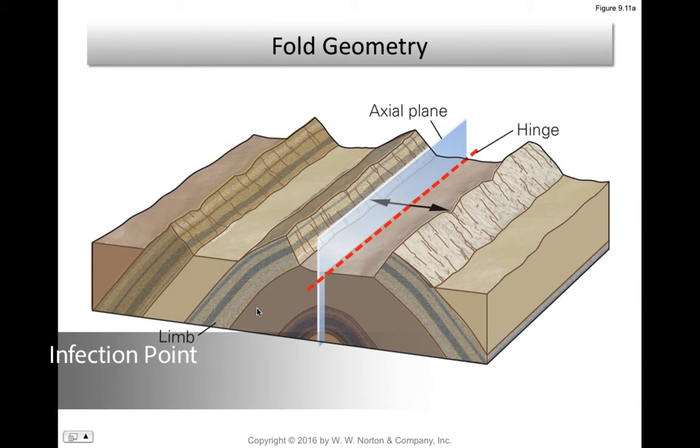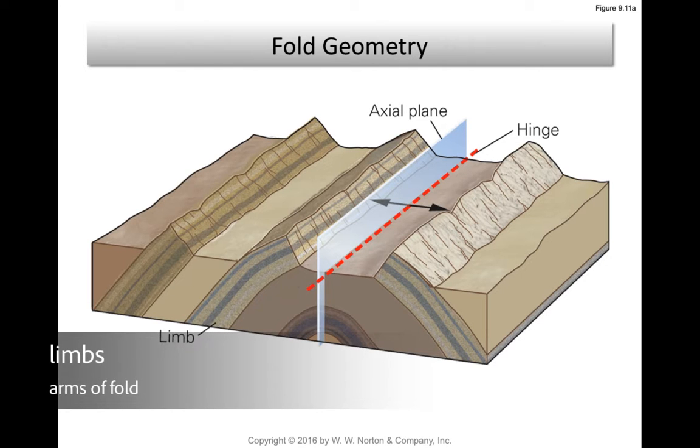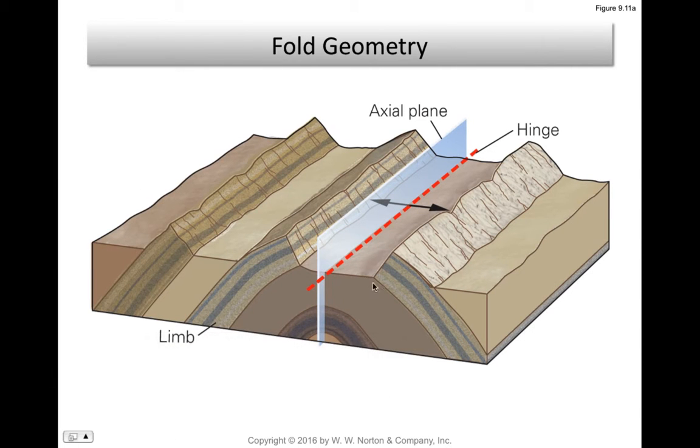So the inflection point would be, note that these strata on the left here, this limb, the arms of the fold are called limbs. So over here on this limb, the strata are inclined or dipping toward the west, if we make this side the west. But as we go to the top, it's horizontal here, then these limbs are dipping toward the east, to the right. So it's a change in dip direction that makes the hinge line. And you can see here we have 1, 2, 3, 4 geologic strata here in the fold.